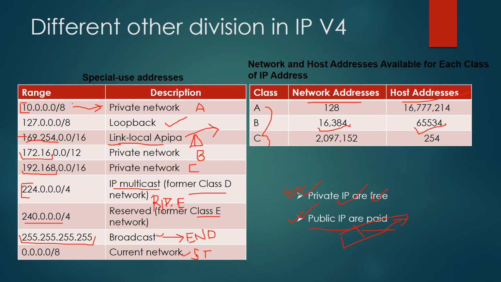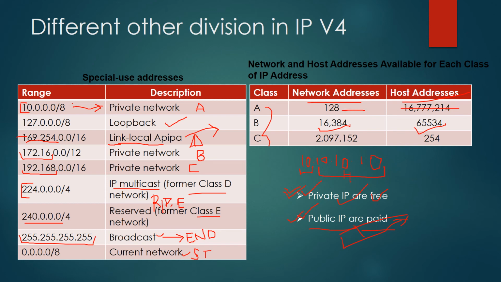For a class A series, suppose we have a network of 10.10.10.10. So this first octet is called the network address and the last three octets are known as the host address. That's why in the class A range of IP addresses, host addresses can be this many, but network addresses will be this few.